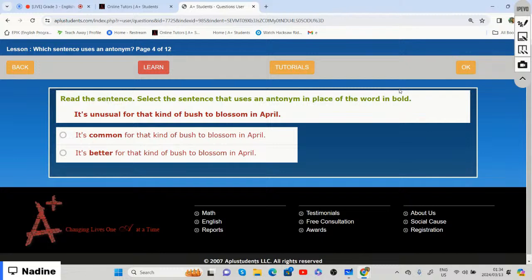And the last one says, it's unusual for that kind of bush to blossom in April.